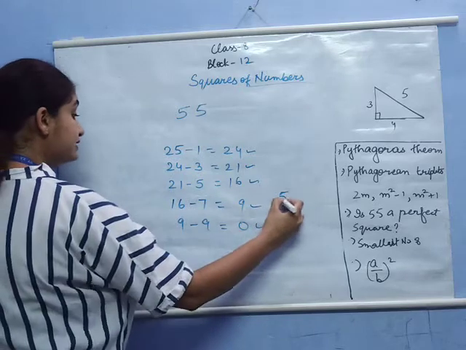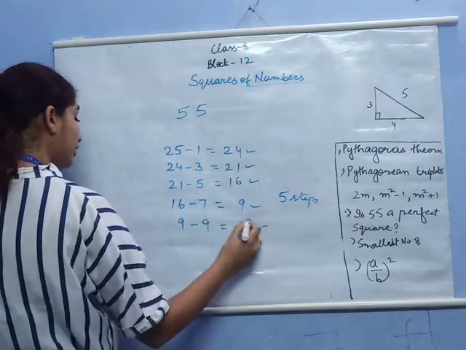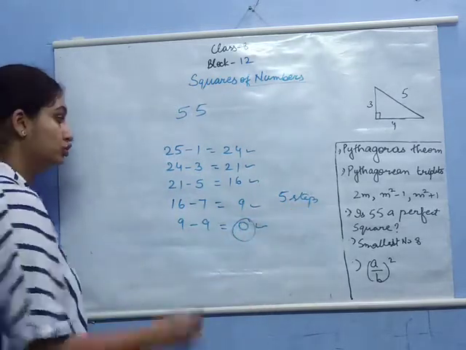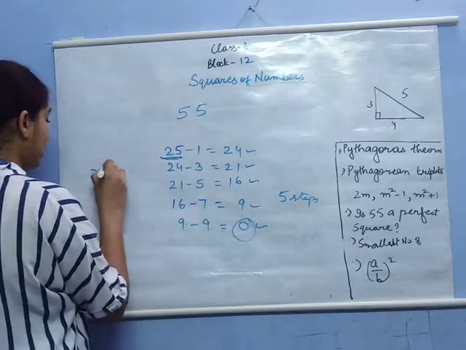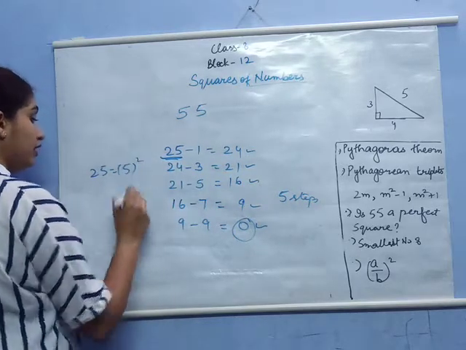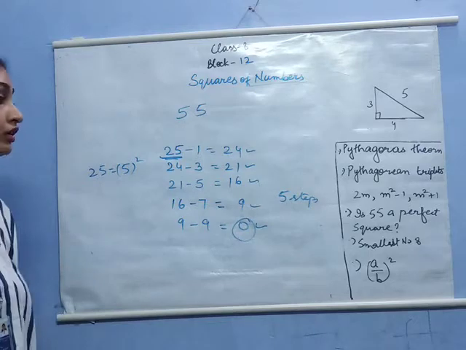In 5 steps, we got the answer 0. So 25 is the square of 5.